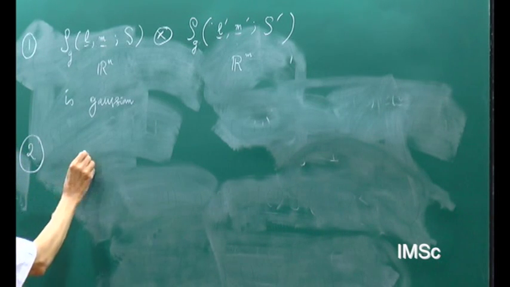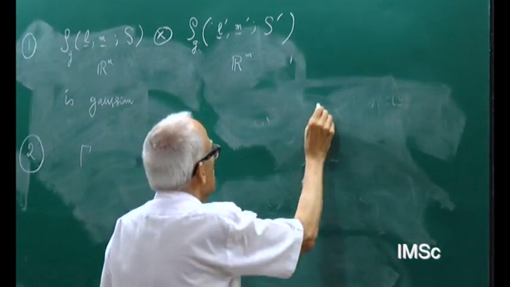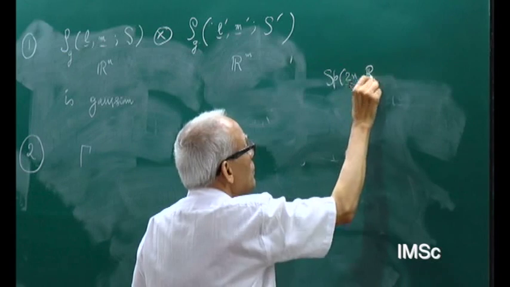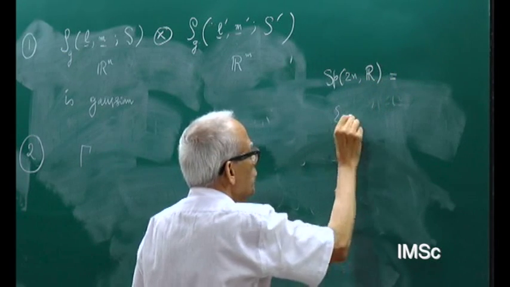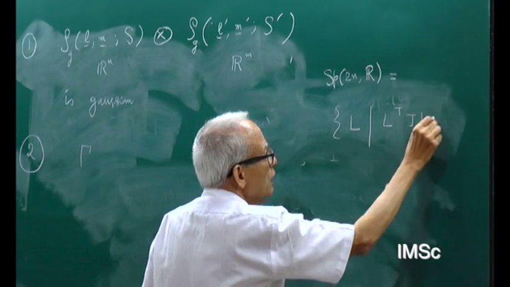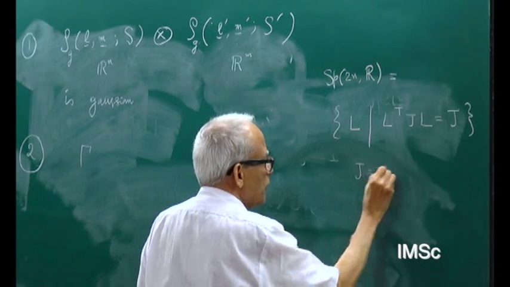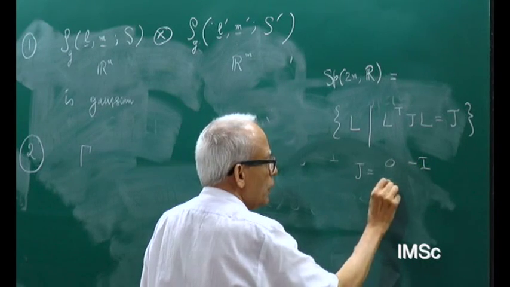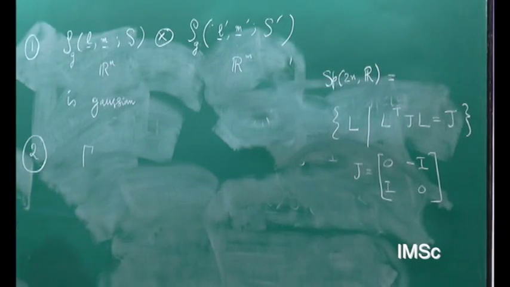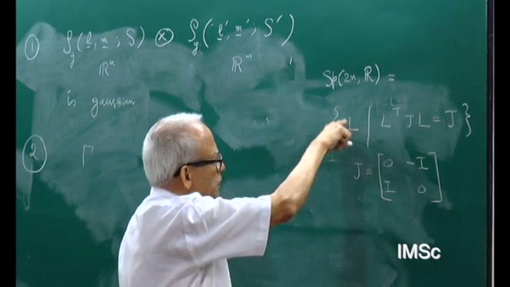Then secondly, take L belonging to the symplectic group Sp(2n, R), which I introduced: all 2n by 2n real matrices such that L transpose J L equals J, where J is that matrix which also comes in the uncertainty principle. Why is this group important?